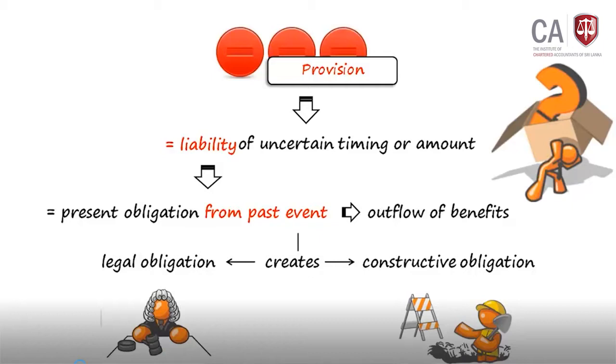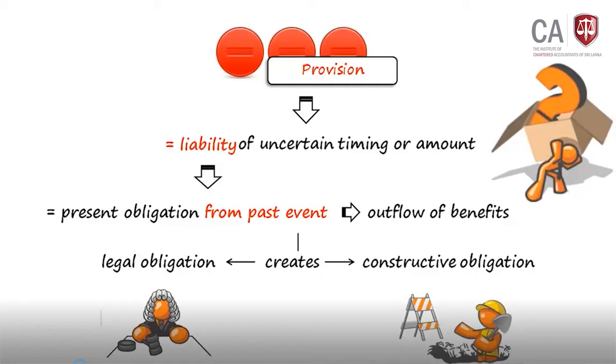If it is a present obligation that we have as a result of a past event, then when you settle that obligation, you have to deliver it. When you settle it, if it requires cash or any economic benefit outflow, that you will identify as a liability. That's a simple definition of a liability.